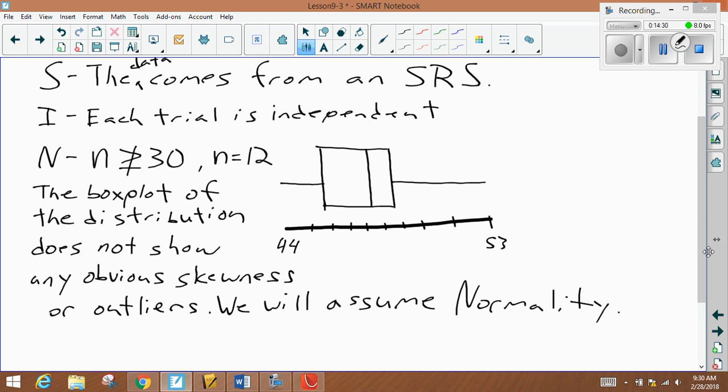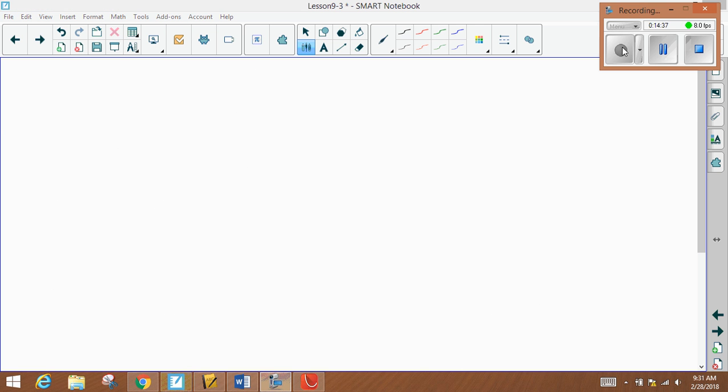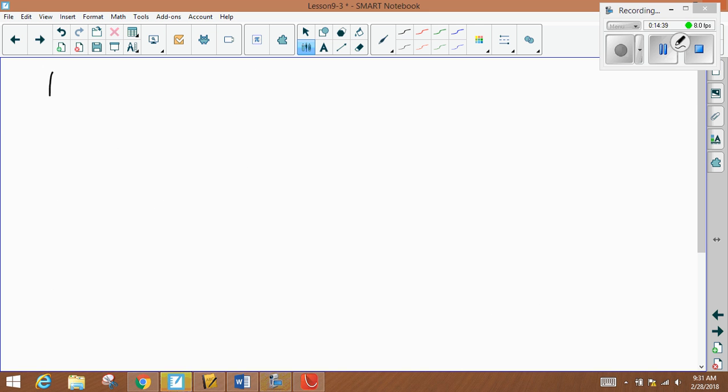Next, we're going to look at calculating a test statistic for inference on a sample mean. Our test statistic for tests about a sample mean is going to be t now.